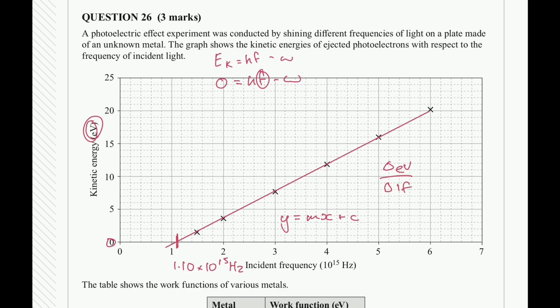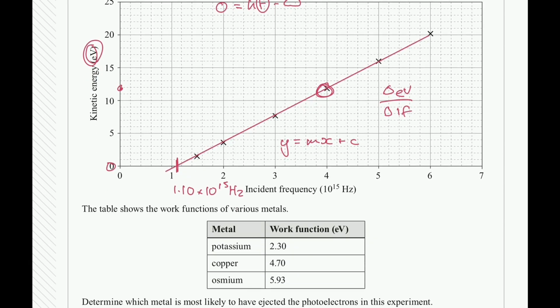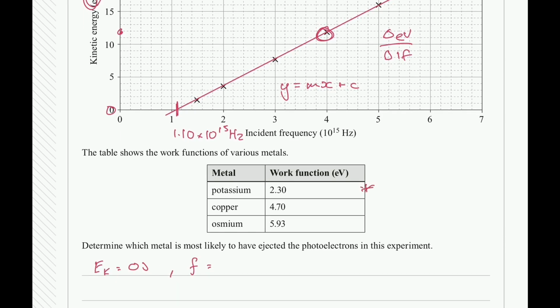You could find the gradient and then substitute c by picking a point, like an incident frequency of 4 times 10 to the 15 hertz, which gives about 12 eV. Then you could solve for the x value when y is equal to 0. But in an exam, getting the ruler out is probably the quickest and easiest solution, because we're not looking for an exact value, just the closest.